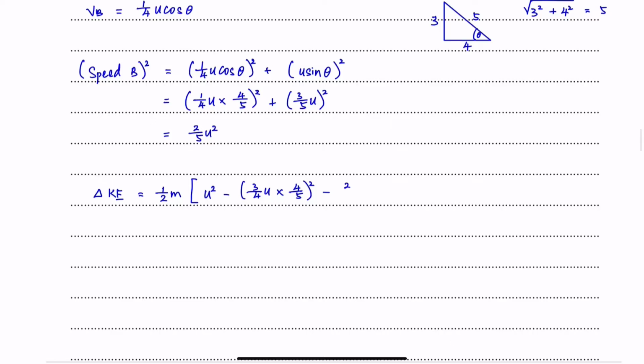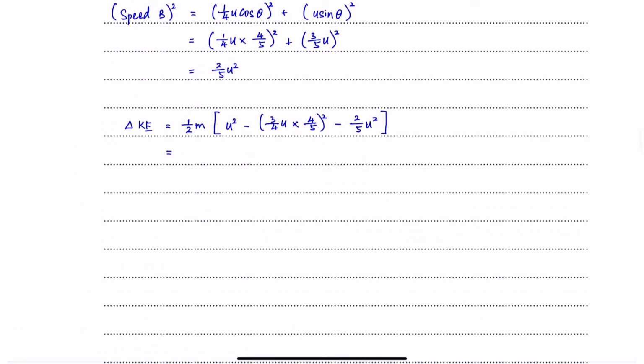Since it's already squared, we can just write 2 over 5 u squared, and this would give us 3 over 25 mu squared.